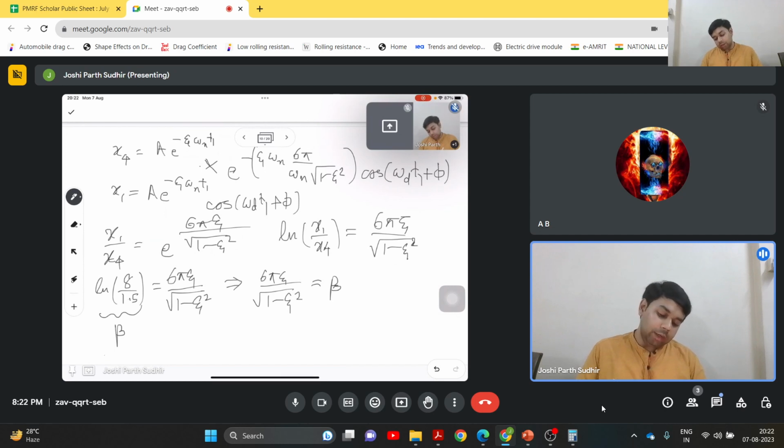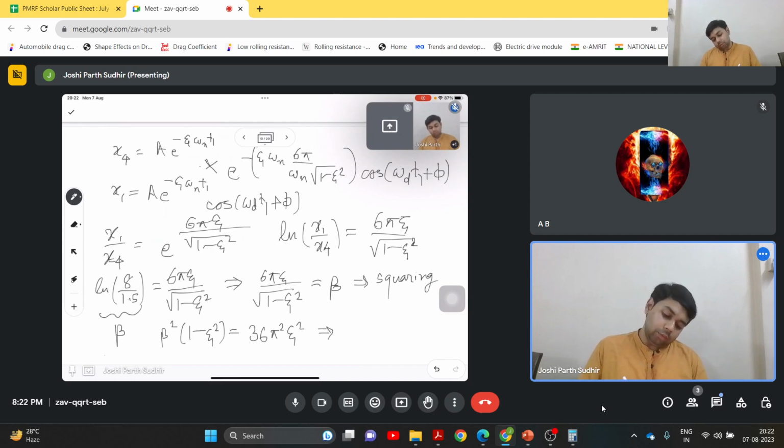If we square both sides, we will get beta square into 1 minus zeta square is equal to 36 pi square zeta square.